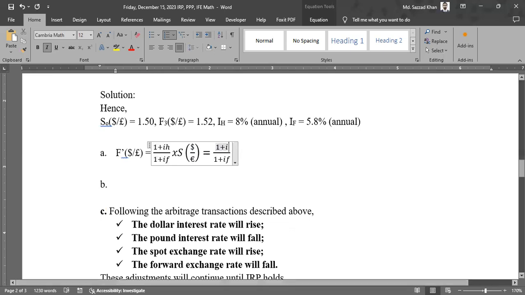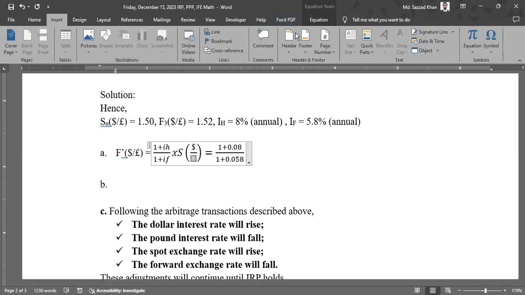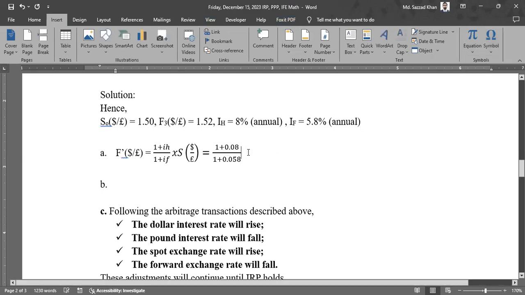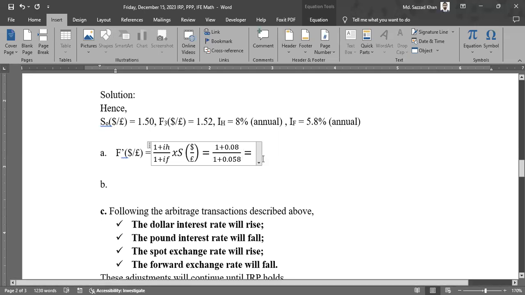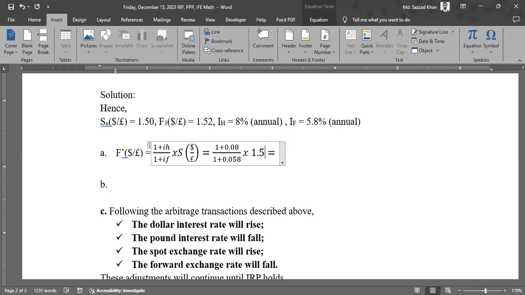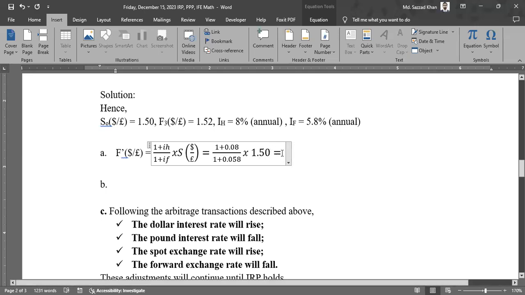So what is the interest rate? 0.08. Here it is 0.058. It's not euro, it will be pound. How much would that be? Okay, we multiply it with 1.50. So how much would that give us?